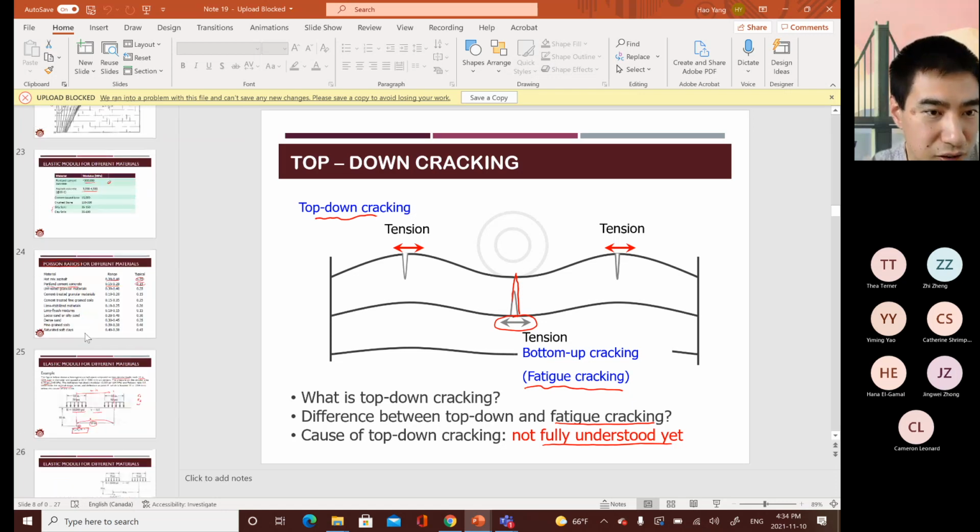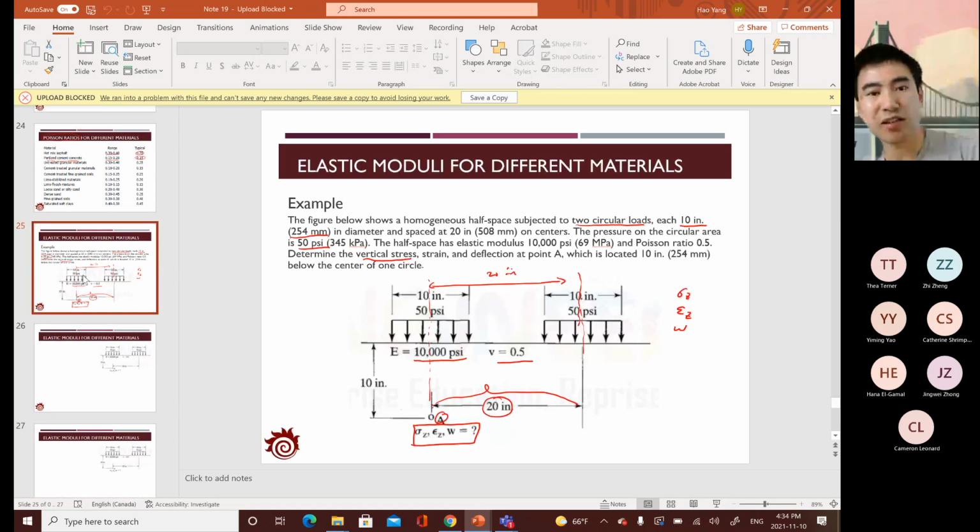And we stopped at the introduction about the example.